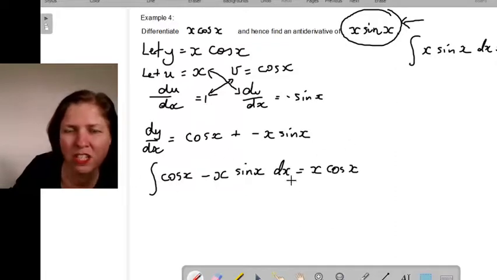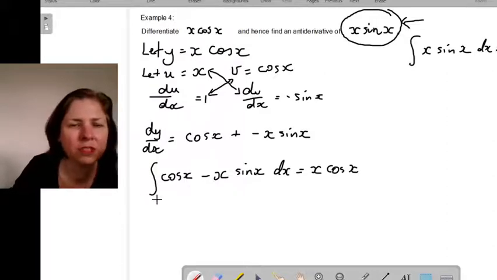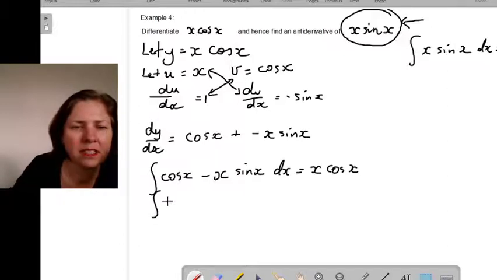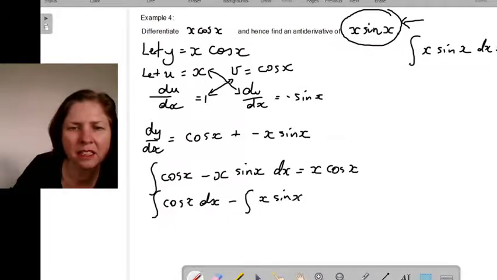If I rearrange this equation, then I will know the answer, even though I haven't actually anti-differentiated this. So the first thing I'm going to do is split these up. This is going to be the antiderivative of cos x dx minus the antiderivative of x sine x dx, still equal to x cos x.